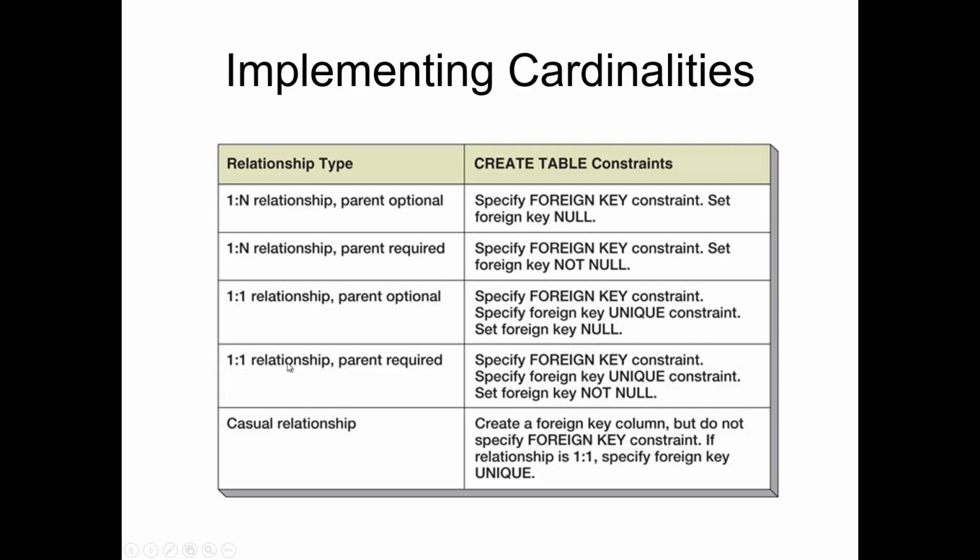If it is a one-to-one relationship and the parent is required, then we specify the foreign key to be unique, and then we set the foreign key to be not null. If we have a causal relationship, we create a foreign key column but do not specify foreign key constraints. If the relationship is one-to-one, we can specify that the foreign key is unique.